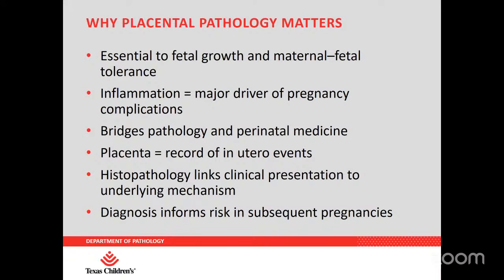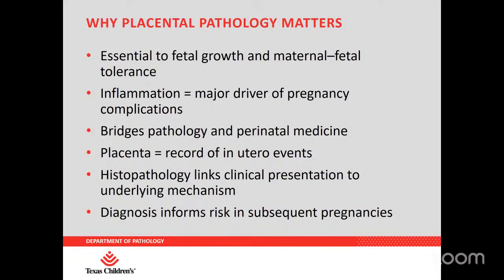And personally, I think the placenta is amazing in that it's the only naturally occurring organ that always forms at the interface of two living, genetically distinct individuals, and therefore constantly has to negotiate that fine immunologic balance.